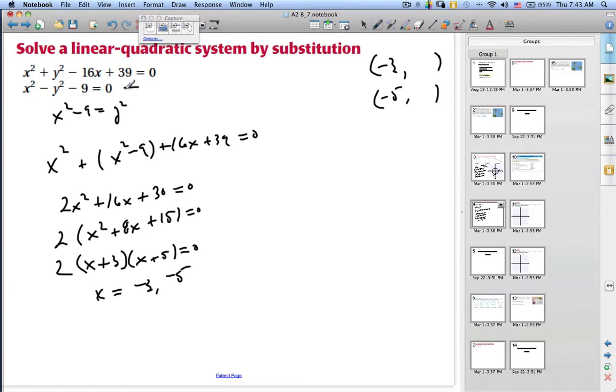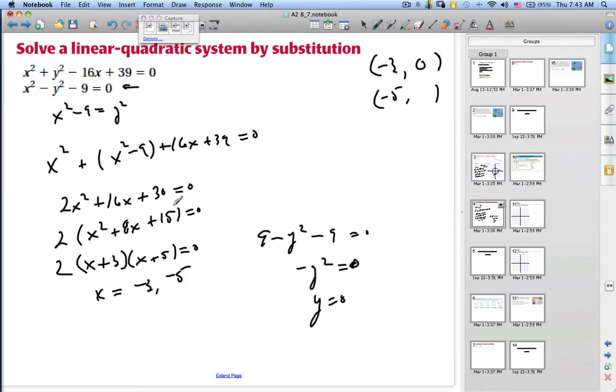I think I'm going to plug them into this equation because it's simpler than the one above. So when I have negative 3 plugged in, I'll have 9 minus y squared minus 9 is equal to 0. So 9 minus 9, I'll get negative y squared is equal to 0. So y would be equal to 0.